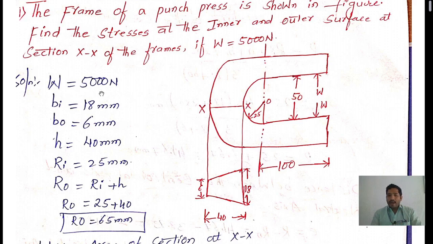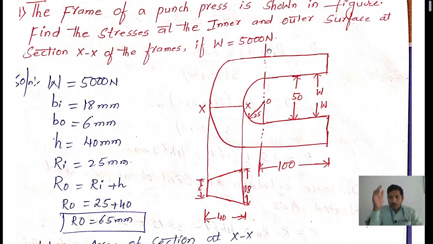The inner width of this taper bar is represented by BI, which is 18 mm, and the outer width of this taper bar is given as 6 mm, and this height is given as 40 mm. Clear?